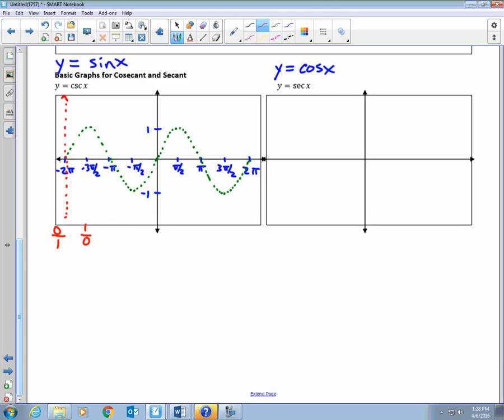So I find all the spots where sine is equal to 0, and wherever sine's equal to 0, cosecant will be undefined. The way that I show it's undefined is I draw those shapes. Vertical asymptotes.